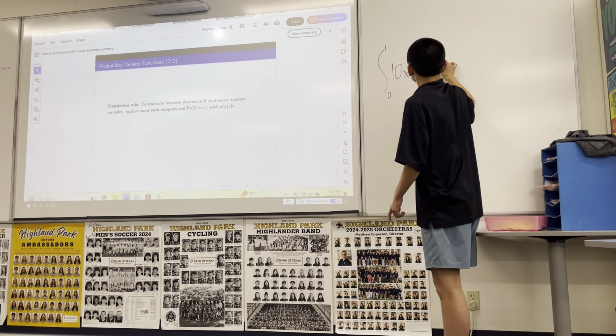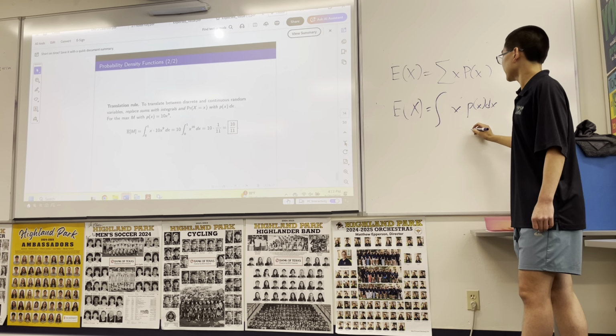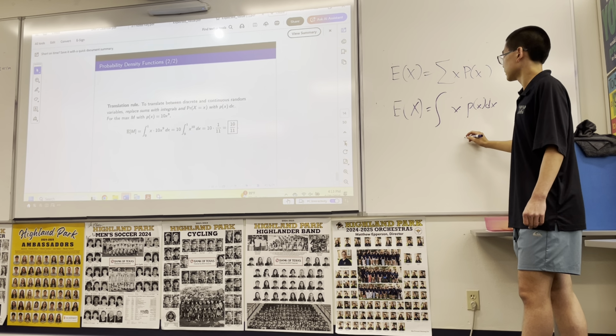There's only a finite set of possibilities that x can be. But here we're working with a continuous random variable. X can be any number between 0 and 1. There's an infinite number of values that x can take. So in this case, the expected value of x is equal to, replace the sum with an integral, and replace p of x with p of x dx. So that's the expected value of x here. Remember that p of x was equal to 10x to the power of 9.